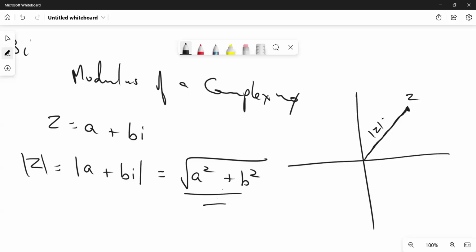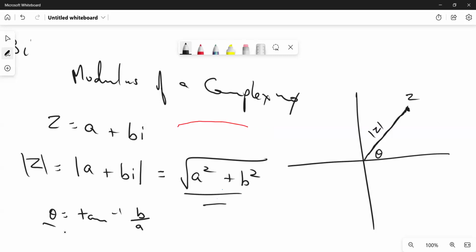Then the angle that the complex number makes with the real axis is given by theta equals tan inverse of b over a.